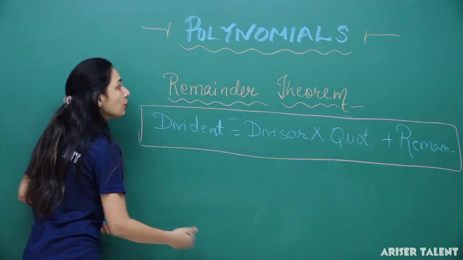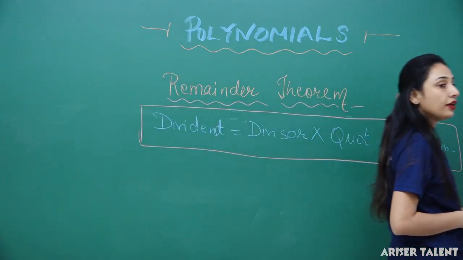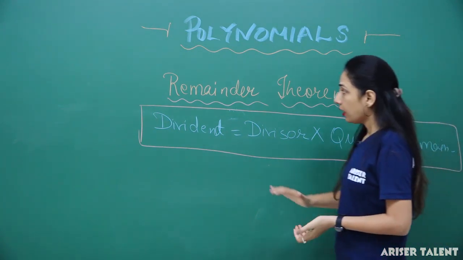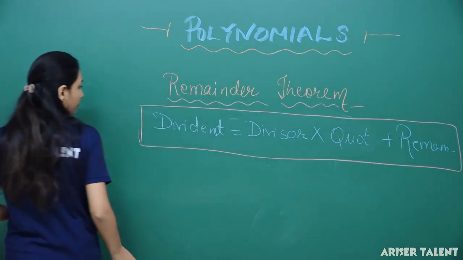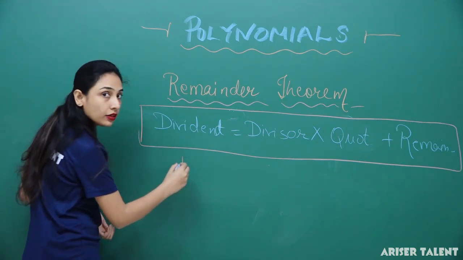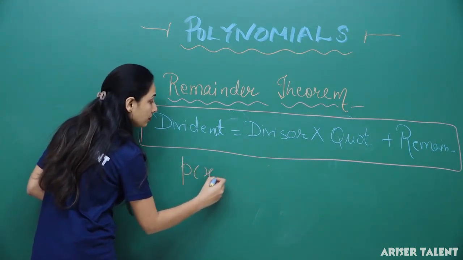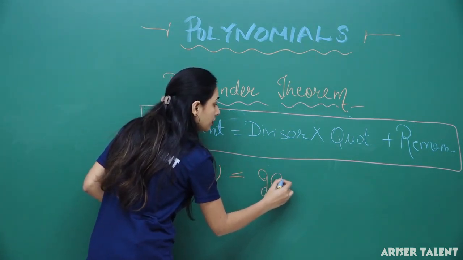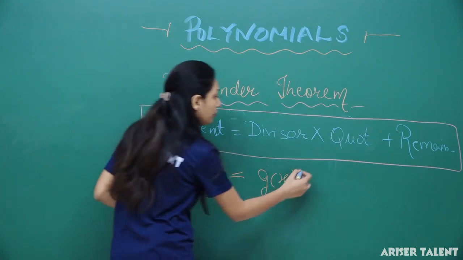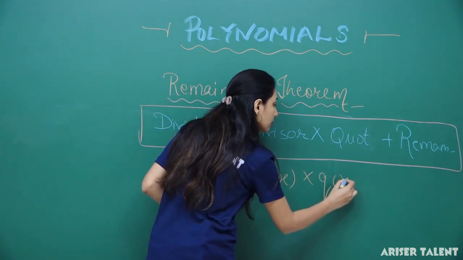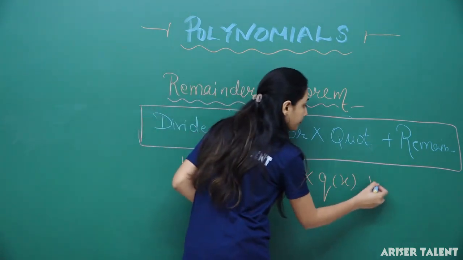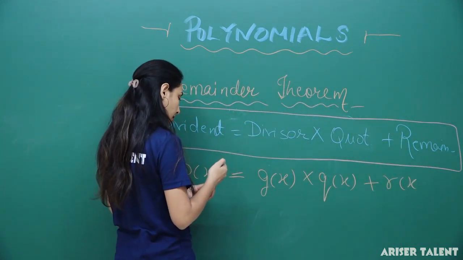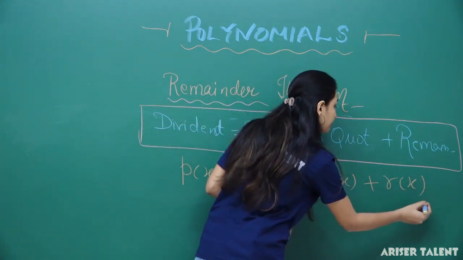So just first note this so that we can move forward. With this polynomial we'll call it dividend. Px will be equal to Gx, for quotient we'll use Qx, plus Rx, it's for remainder, right, and Qx for quotient.